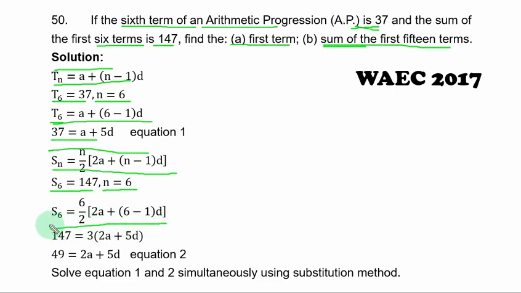Now, the sum of the first 6 terms, s sub 6, is 147. 6 over 2 becomes 3. Then you have 2a plus 6 minus 1, which is 5, times d. You have 5d. You can divide through by this 3. Here becomes 49 equal to 2a plus 5d. Let's call that equation 2.